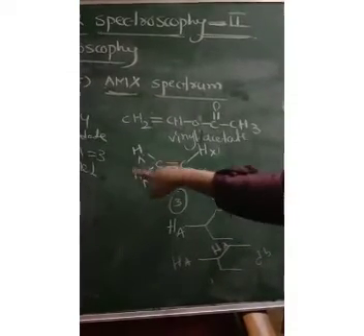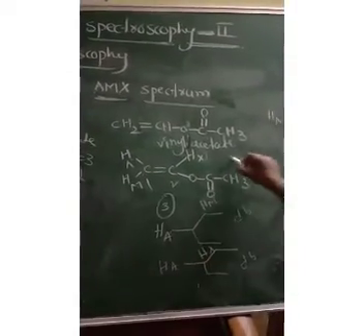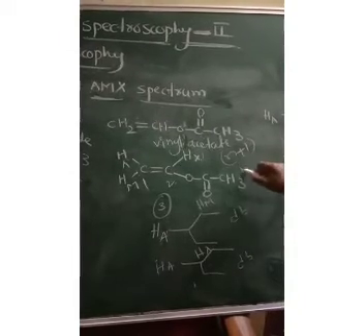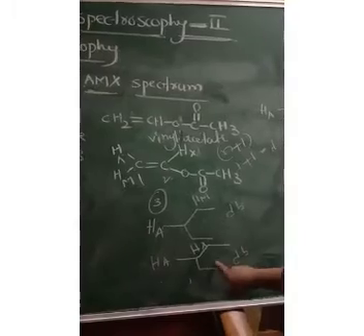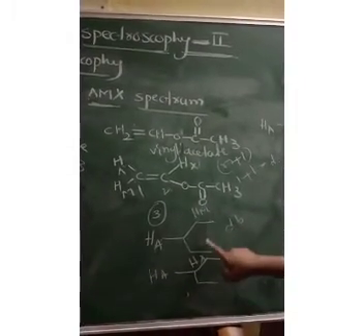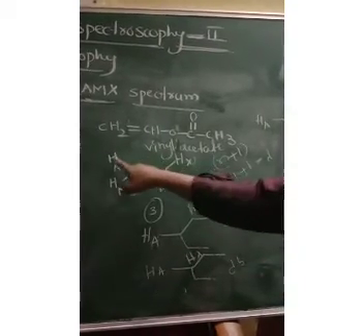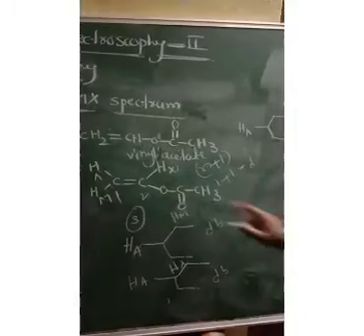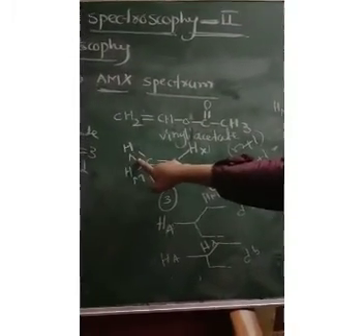So one doublet for HM and one doublet for HX according to the n+1 rule: 1 + 1 is a doublet for HM, 1 + 1 is a doublet for HX. Completely, that is 4 lines, 1, 2, 3, 4. So 4 lines appear in the spectrum for HA type of protons.